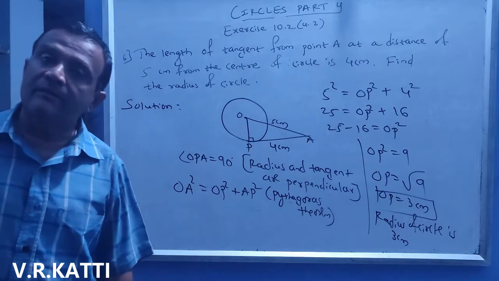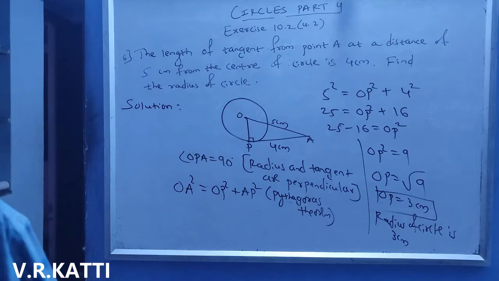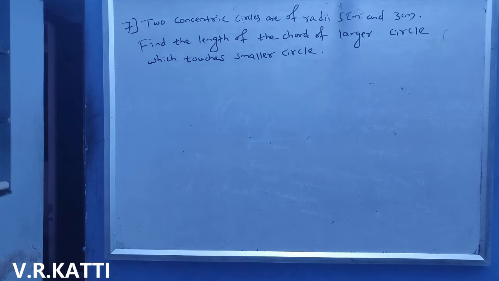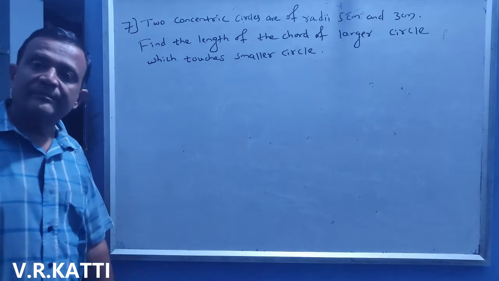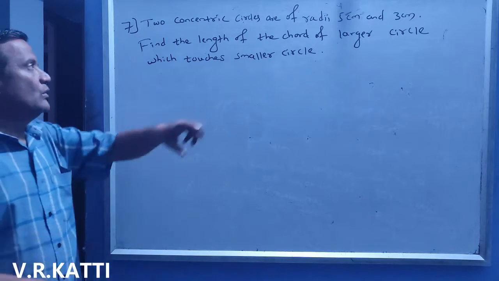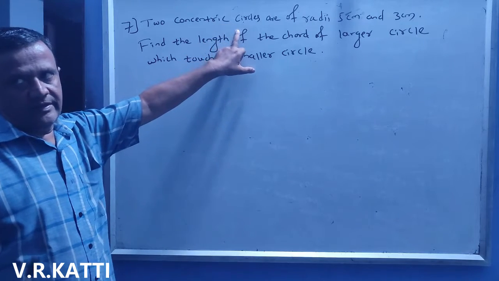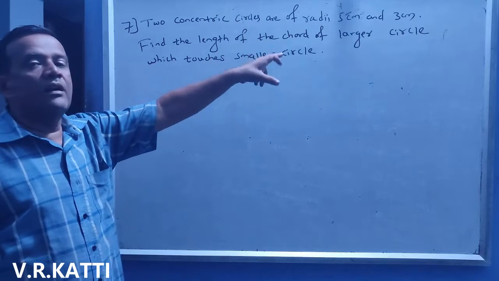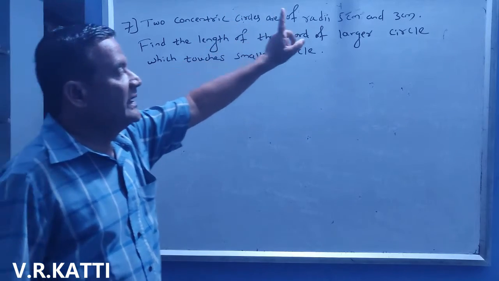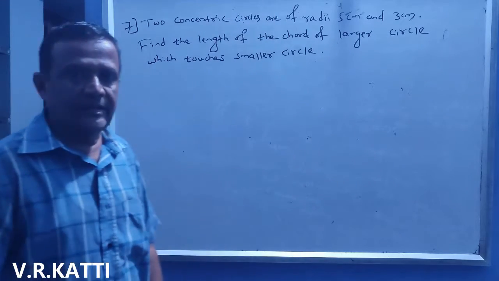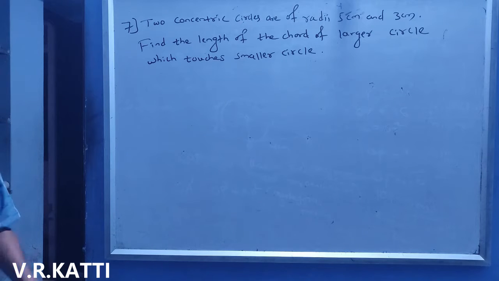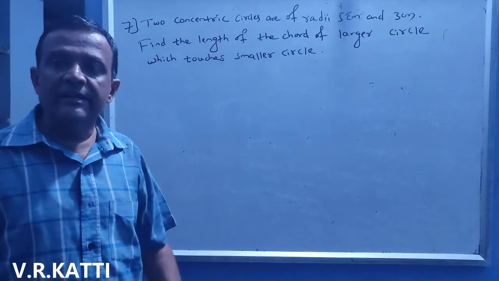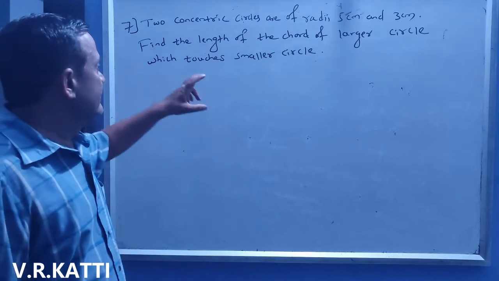Question number 7. Students, seventh problem. Two concentric circles are of radii 5 centimeters and 3 centimeters.